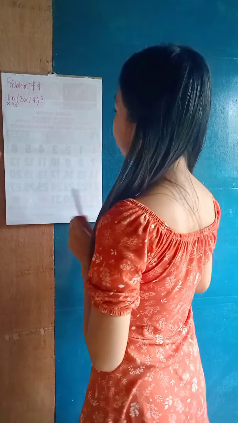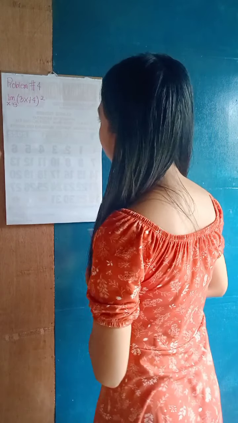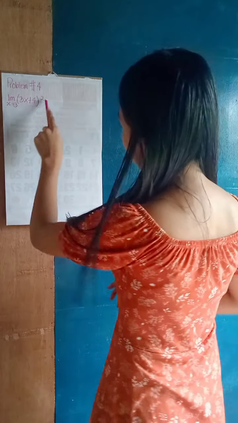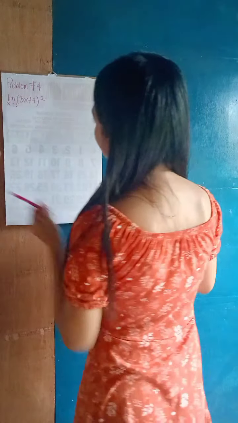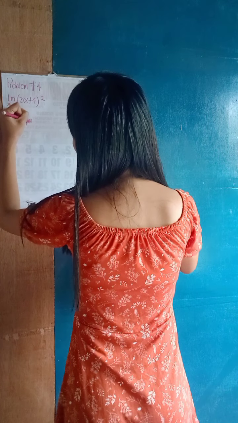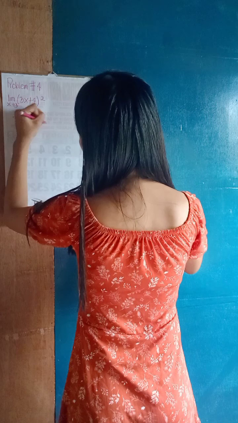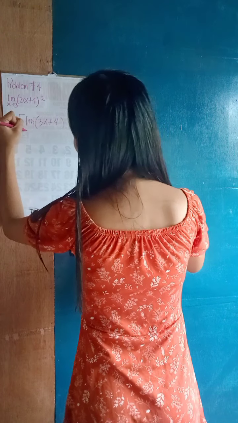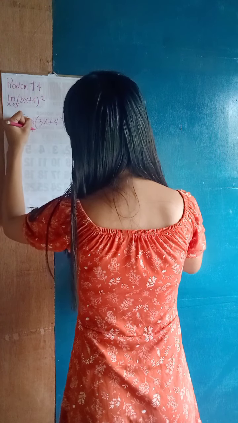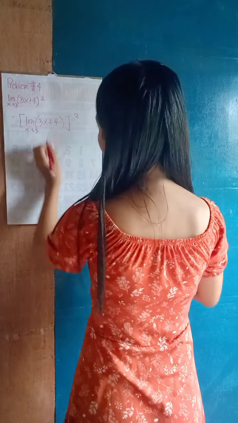Problem number 4. So here, we are going to use limit number 8, since we have the power of 2. So this will become limit 3x plus 4 as x approaches 3 to the power of 2.